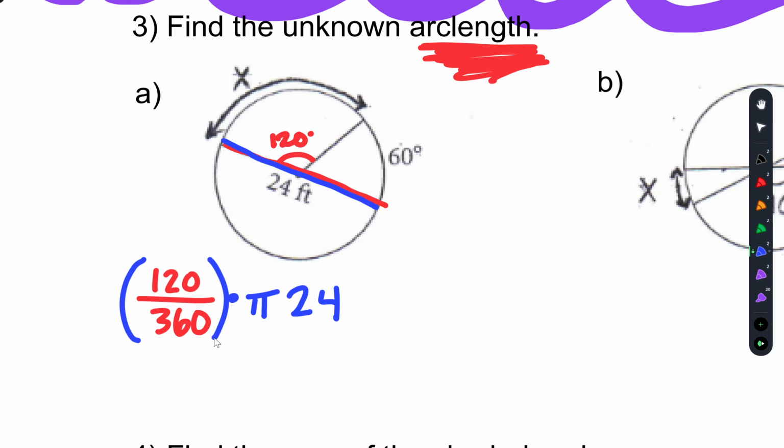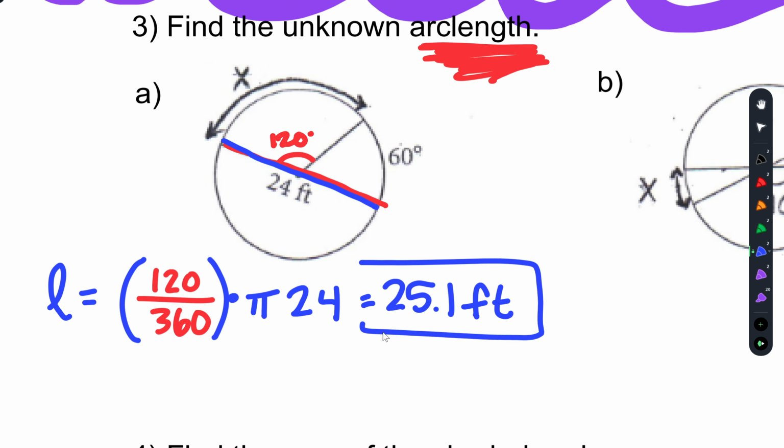But if you like rounding things, I'm cool with that too. I'm going to say arc length equals 120 divided by 360 times pi times 24, and I'm going to get 25.1 feet. That's the length of that little piece of crust.